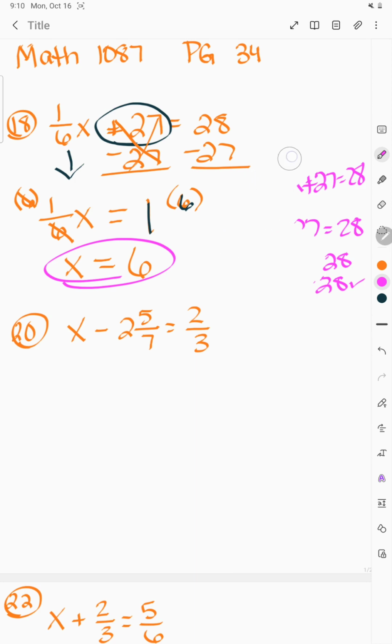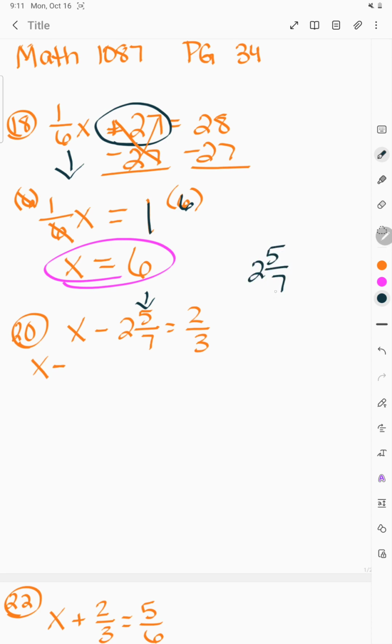All right, so let's move on to number 20. Again, you want to simplify your problem as much as you can. And the first thing that I'm going to do is take this mixed number and convert it to an improper fraction. So I have x minus. To convert that to an improper fraction, you take 7 times 2, which is 14.